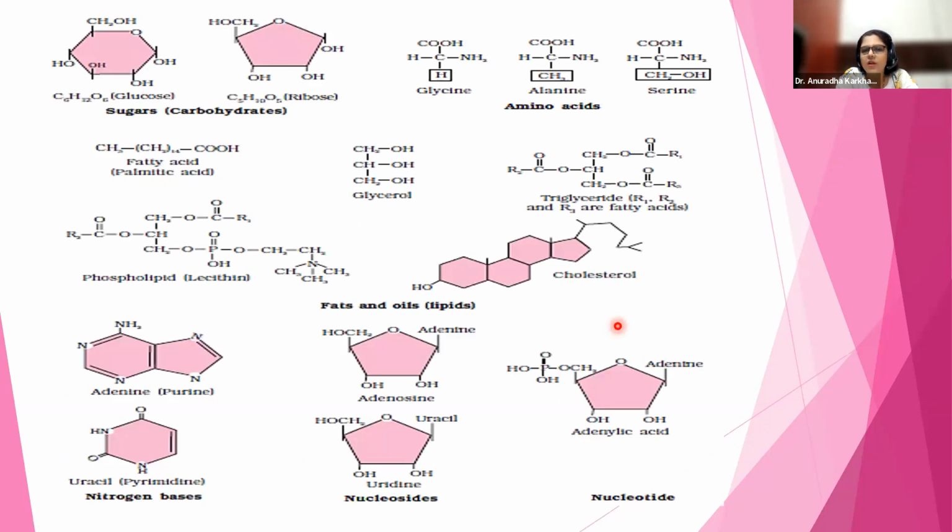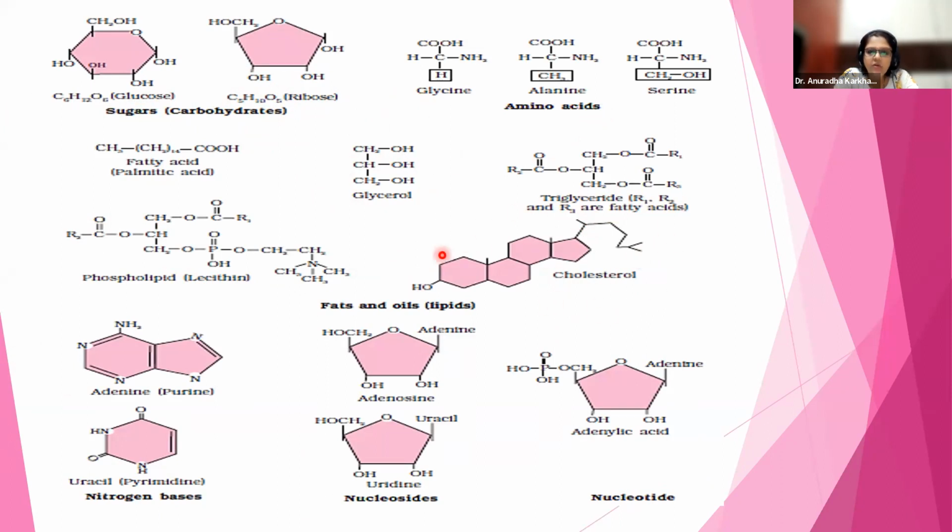This is the overall summary of carbohydrates, sugars. ये देखो बेटा, ये मैं बता रही थी OH, OH दोनों जगह पर है तो ये राइबोस शुगर है. These are your amino acids. This is your lecithin, glycerol, triglyceride.